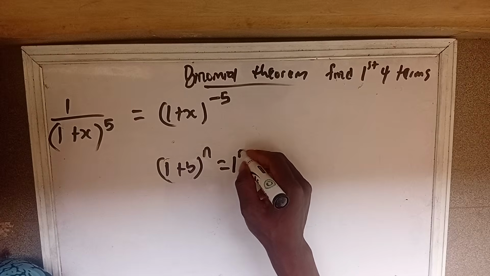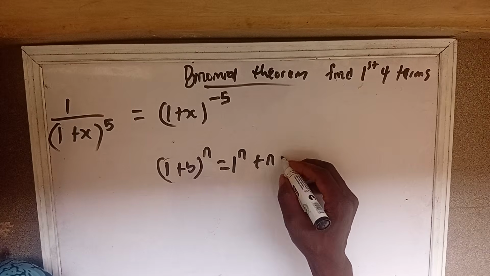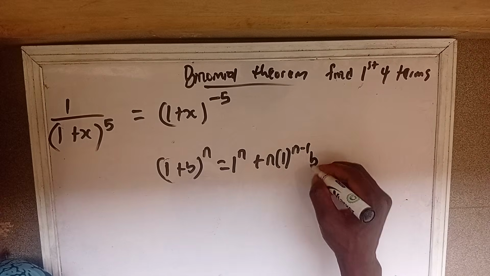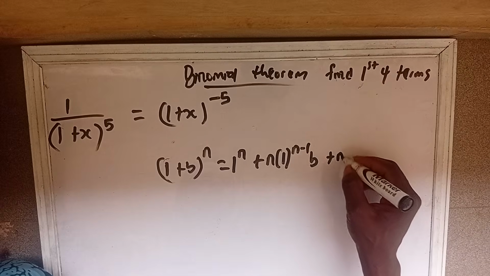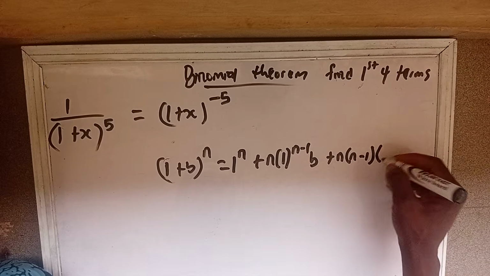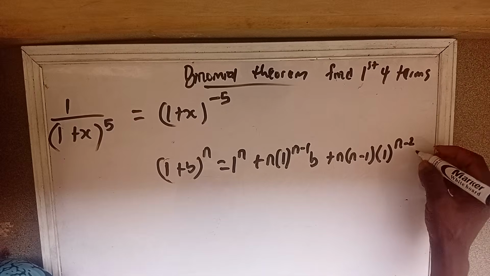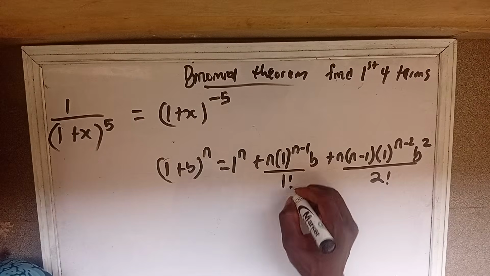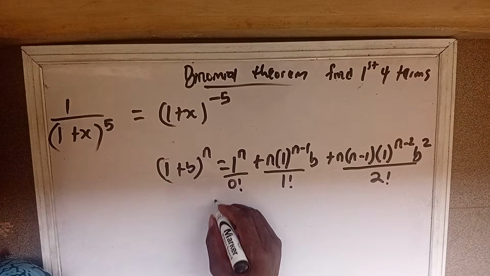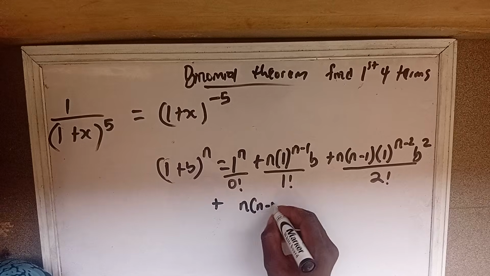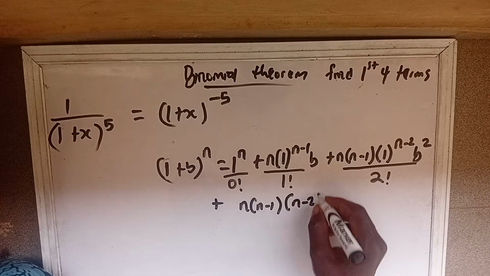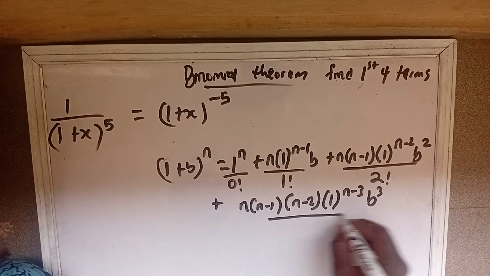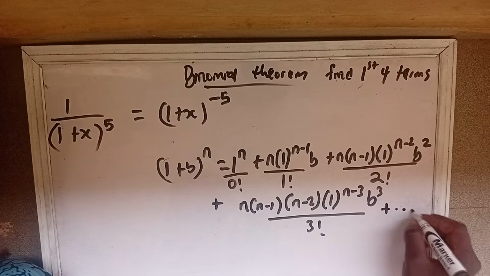This gives us 1 raised to the power n, plus n into 1 raised to the power n minus 1 multiplied by b, plus n into n minus 1 into 1 raised to the power n minus 2 multiplied by b square over 2 factorial, plus n into n minus 1 into n minus 2, 1 raised to the power n minus 3, b cube over 3 factorial, plus dot dot dot.